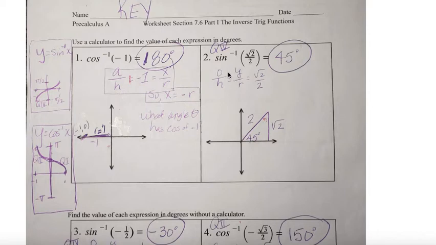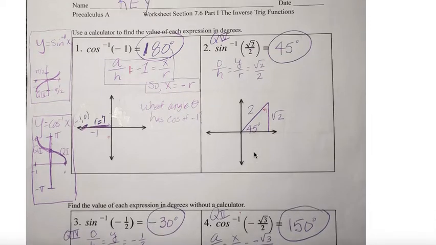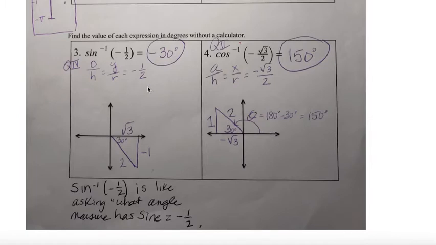But you definitely know that sine inverse is only going to give out quadrant 4 or quadrant 1 angles. This is negative angle measures. This is positive angle measures. It definitely has to be positive here because the y-coordinate is positive above the x-axis in quadrant 1. Sine inverse of negative 1/2 is like asking what angle measure has a sine ratio of negative 1/2. Again, the sine ratio is negative.